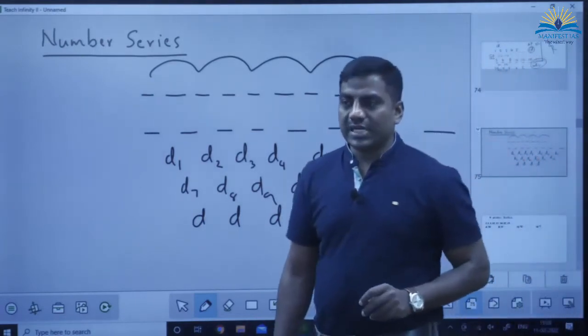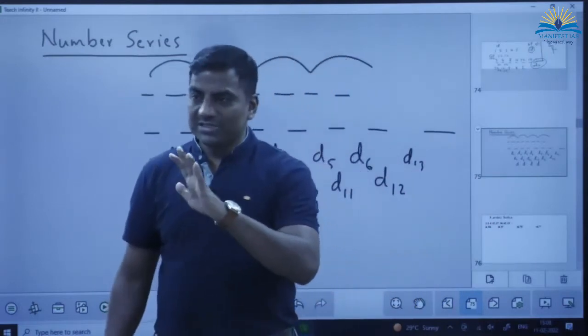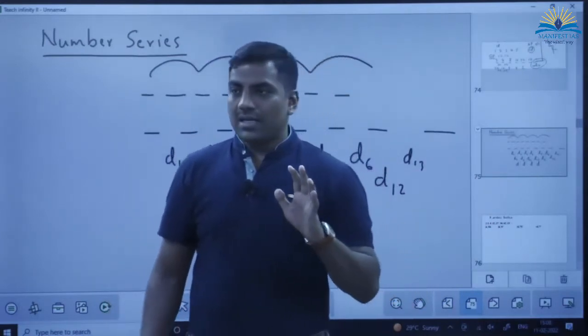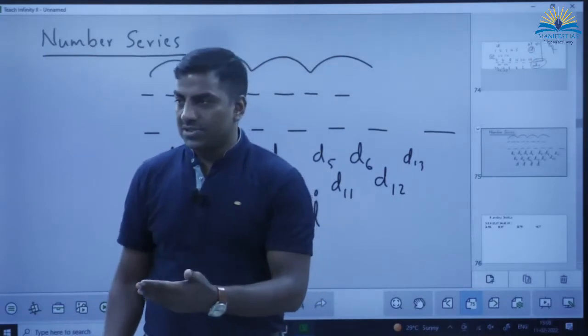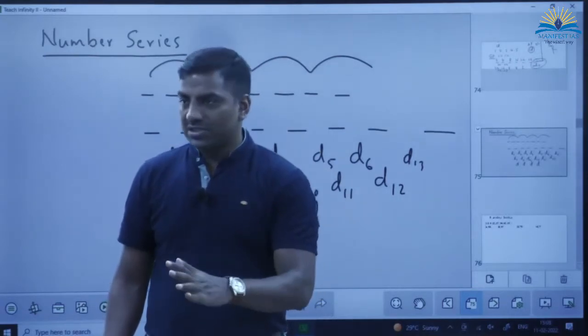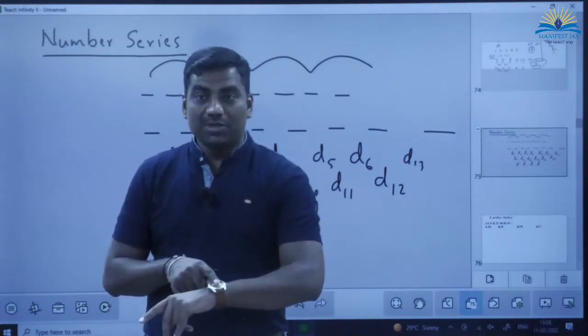So first and foremost, we have to find the differences. If you are not getting any pattern in the first step, go for the second iteration, third iteration, fourth iteration. Again, time has to be kept in mind.